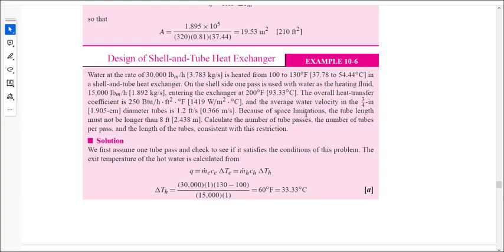We have some limitation in space, and the tube length must not be longer than 8 foot, which is 2.5 meters. We should calculate the number of tube passes, the number of tubes per pass, and the length of the tube consistent with this restriction.